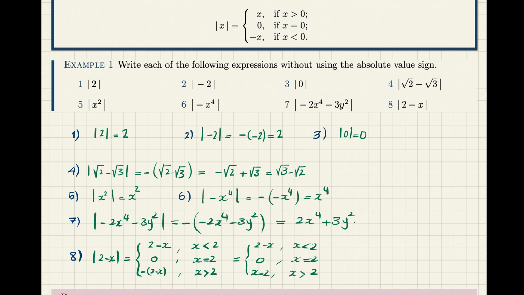But you see, in all cases the output is non-negative. It means that the output might be 0 if the input is 0, but the output is always positive regardless of whether the input is positive or negative. So inside the absolute value sign you can put any number that you like with any sign that you like, but the output is either 0 or greater than 0. The output cannot be negative.